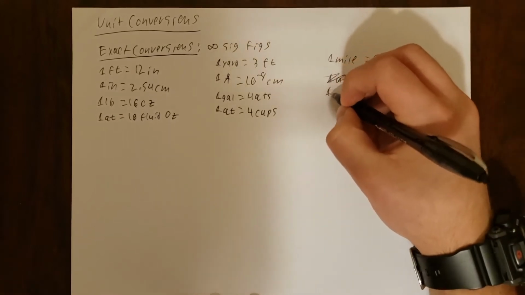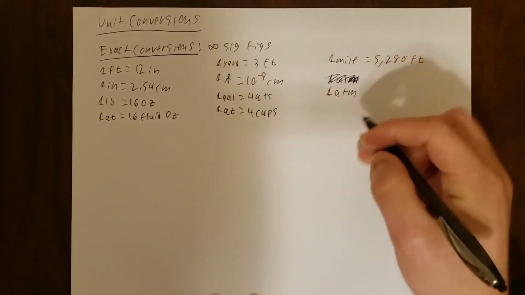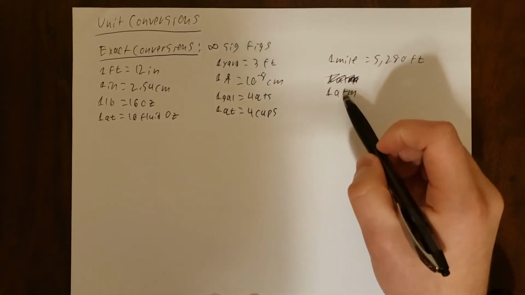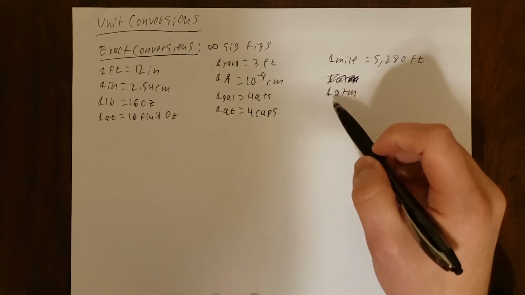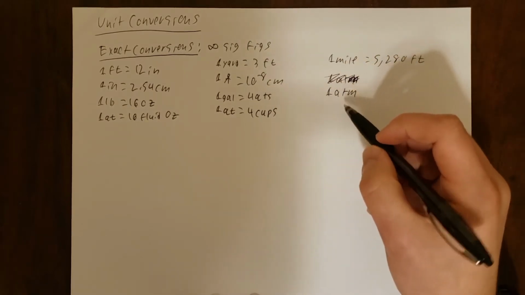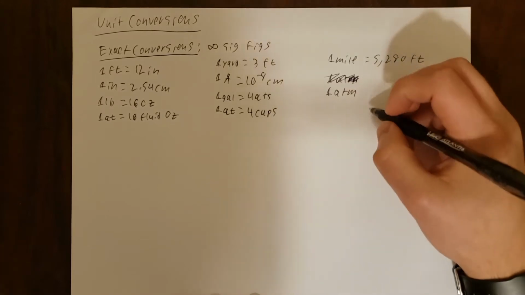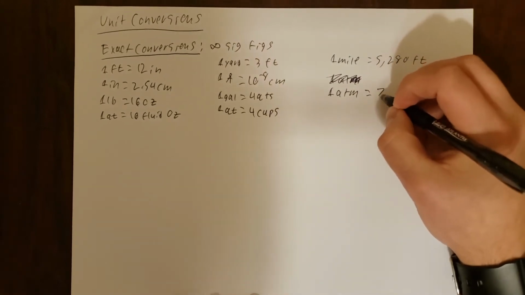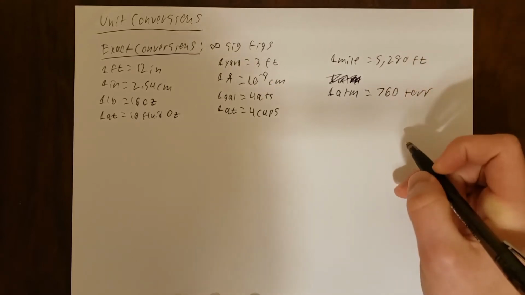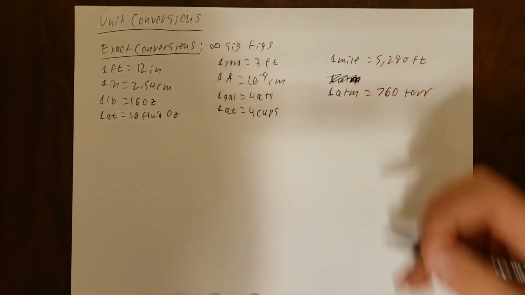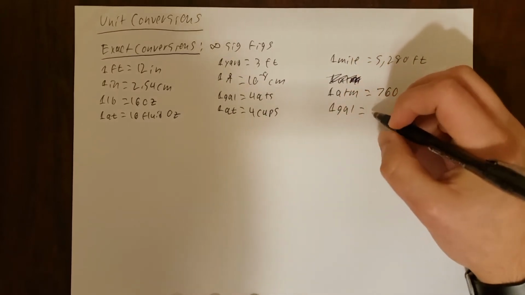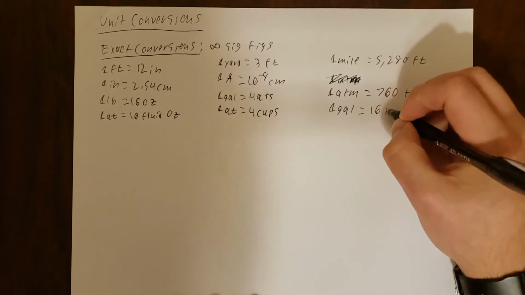We know that 1 atmosphere, which is the atmospheric pressure at sea level, so it's the air pressure kind of walking around outside at the beach, is equal to 760 torr. And finally, we have 1 gallon is equal to 16 pints.